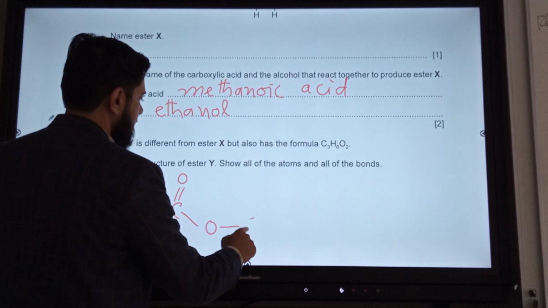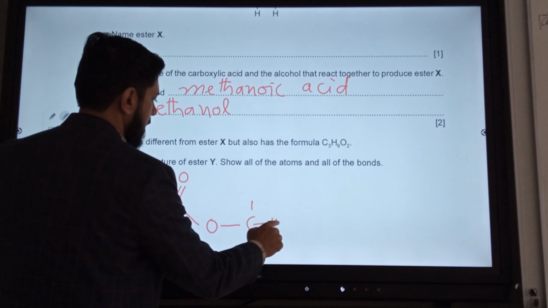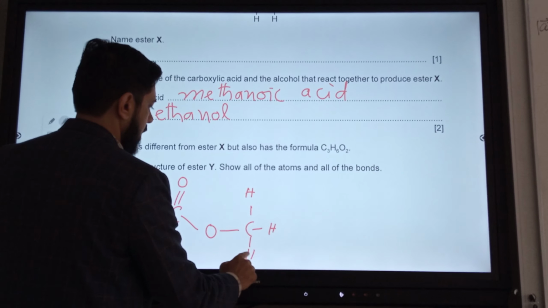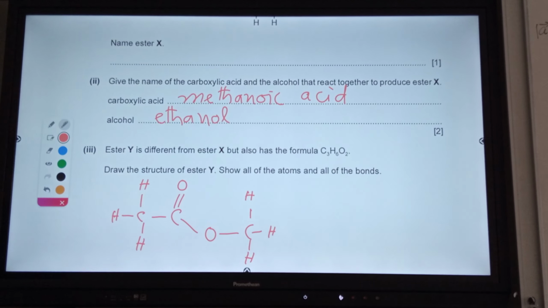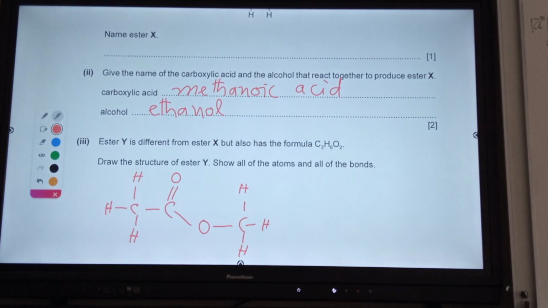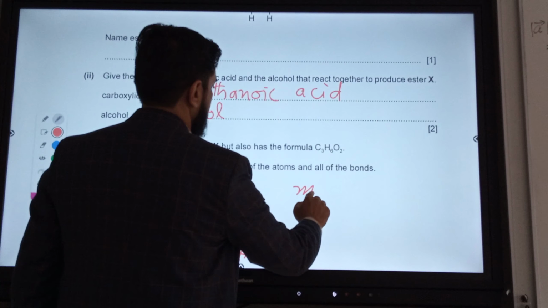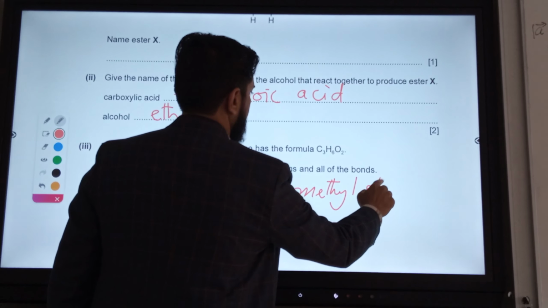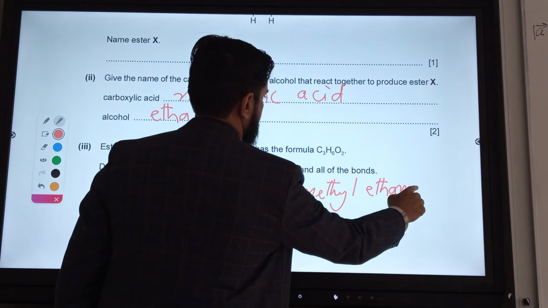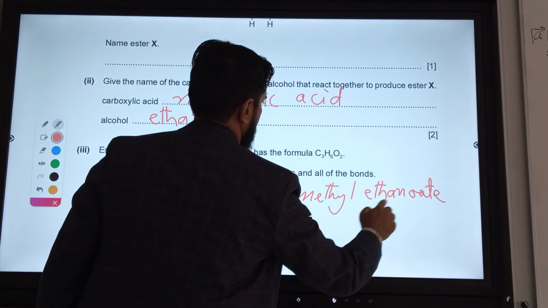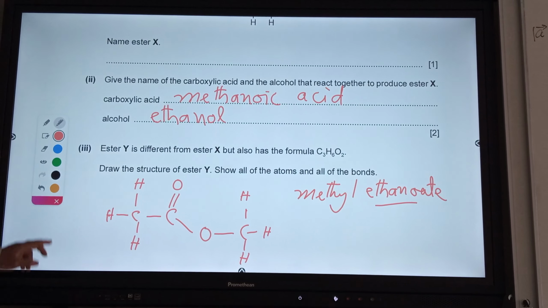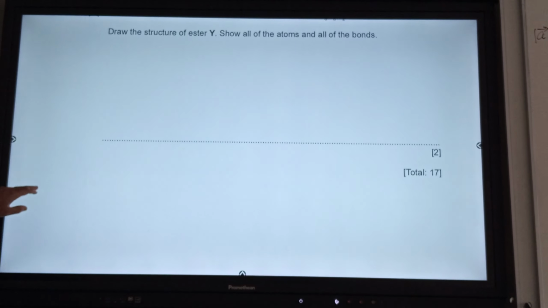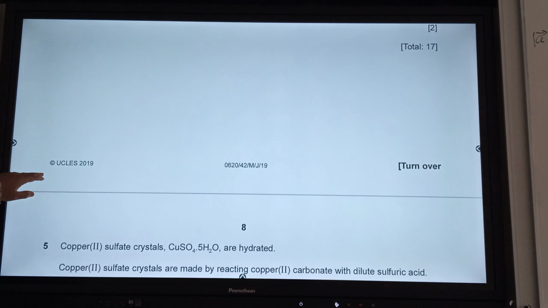And on the alcoholic side, just draw one carbon. Like this, this is now different from the previous ester. This one is methyl ethanoate. Understood? Okay, so the question is finished here. We will continue with the next question.